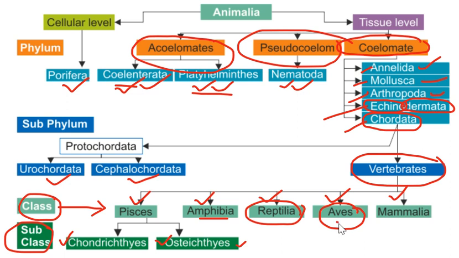The Aves and the Mammalia have such properties, and we can call them homeothermal or warm-blooded animals. Pisces, Amphibia and Reptilia, these three classes show poikilothermic features, cold-blooded animals, but the last two classes of the vertebrates are warm-blooded animals.